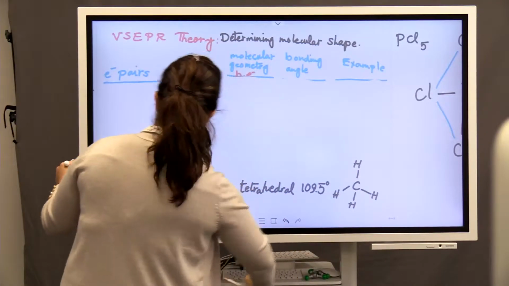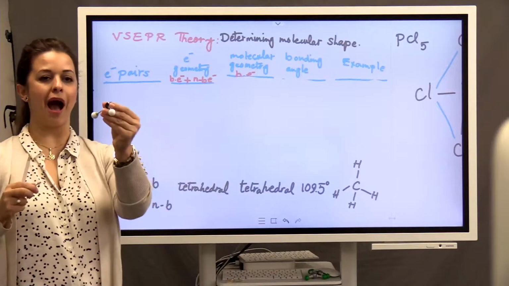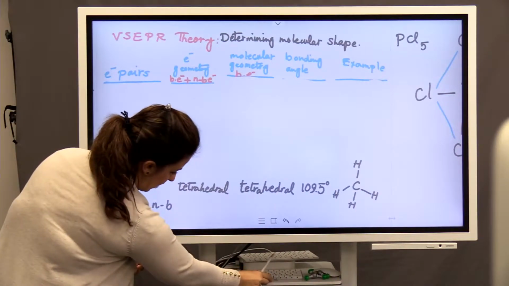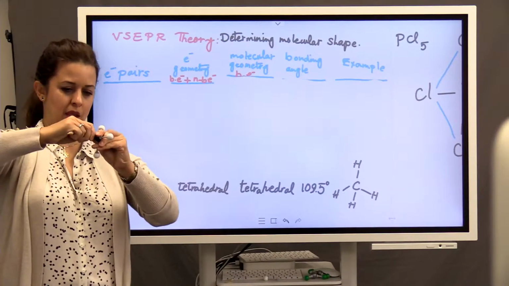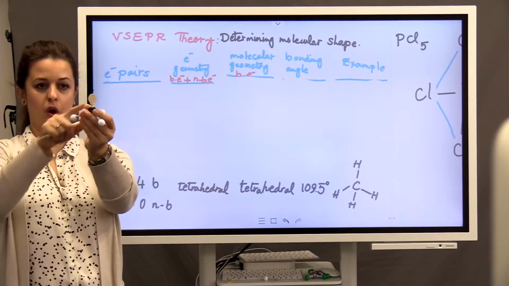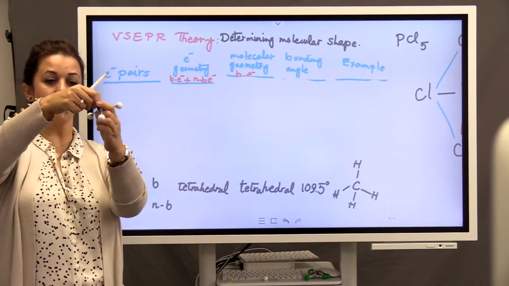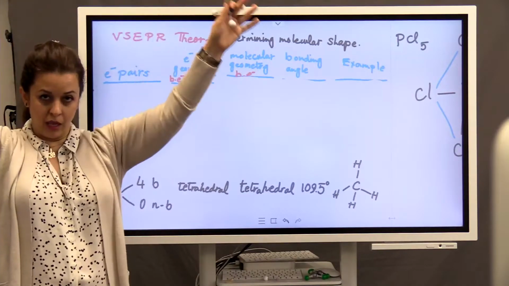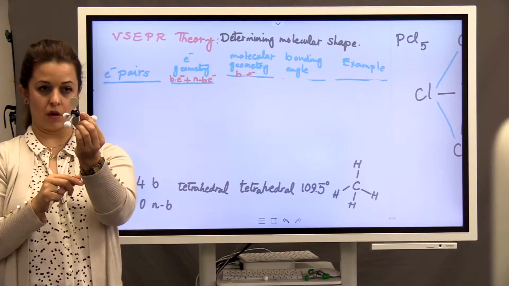All right, let's take one of these bonds out, and I have these little wings here, which are supposed to be our non-bonding electron pairs. Non-bonding electron pairs are not confined in a bond, so they occupy a larger space. All right?